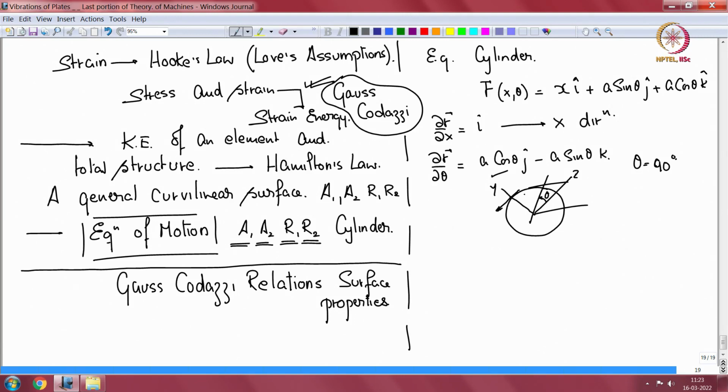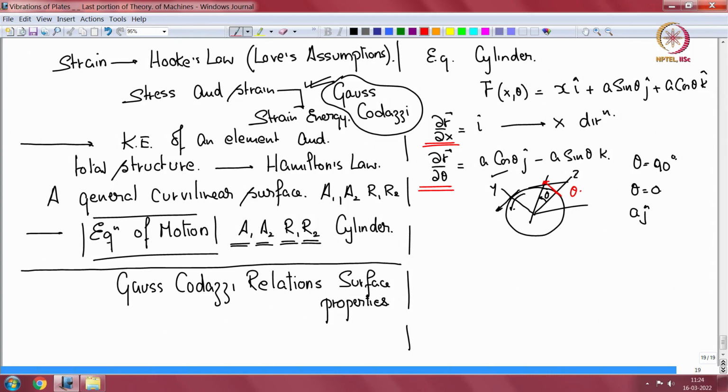So it points in the local theta coordinate direction. If theta was equal to 0, then del r by del theta is a times j, okay, so it would point this way, which is again the local theta direction, okay. So del r by del x points in the x direction, del r by del theta points in the theta direction, that is important to note, okay.